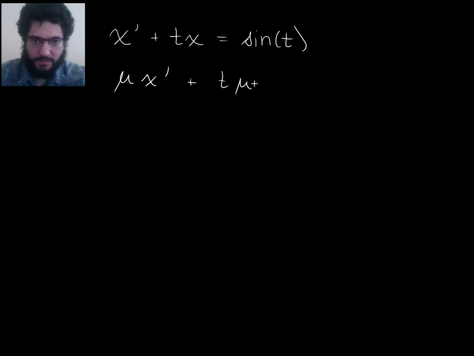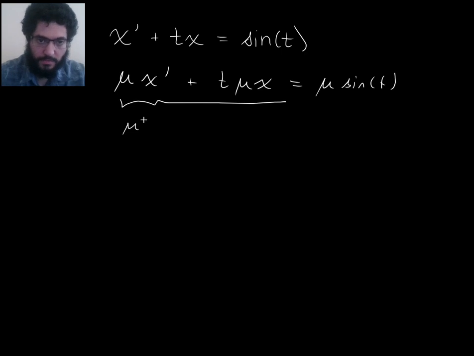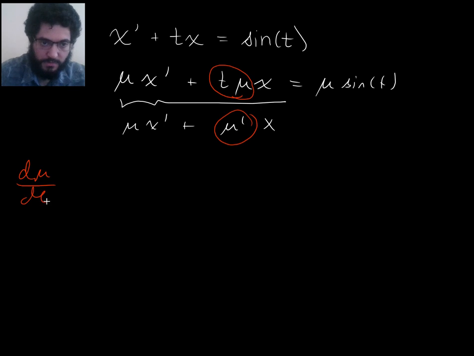Let me write it in this order. Then I want this to be mu x prime plus mu prime x, which means I want that to be mu prime. So that means I have d mu dt equals t mu.